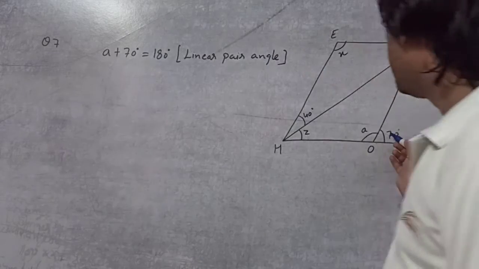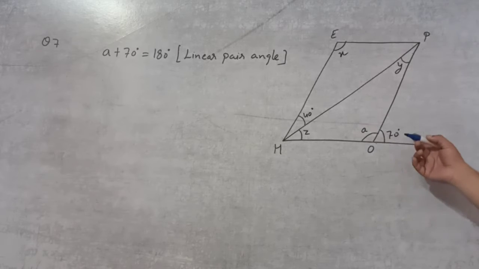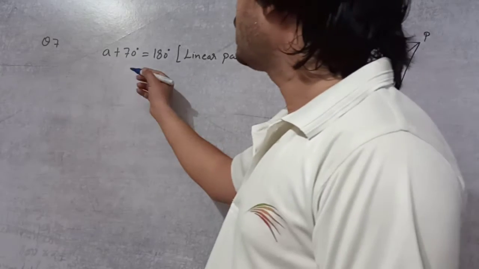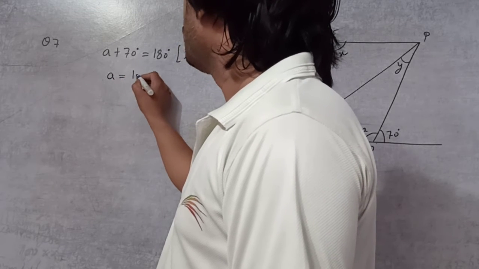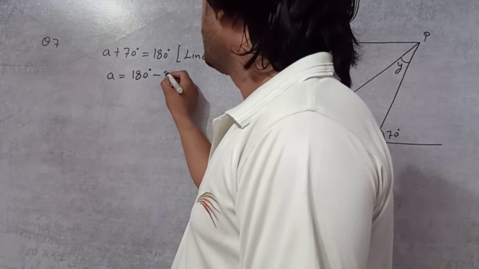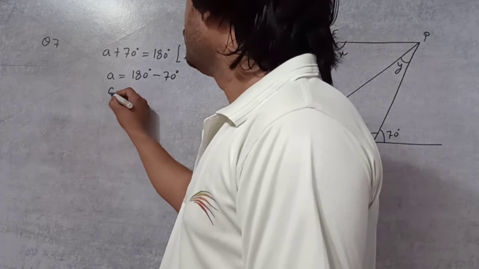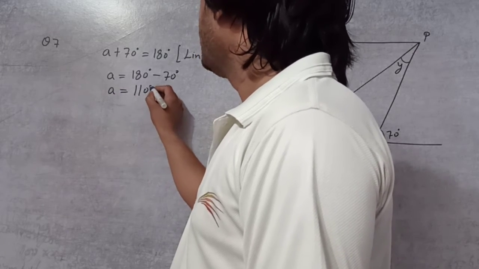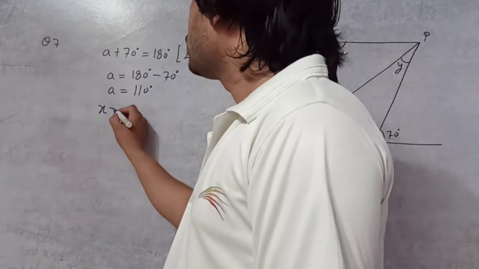The sum of the two adjacent angles on a straight line is 180 degrees, known as the linear pair angle. So A equals 180 degrees minus 70, so A equals 110 degrees, and X equals A.